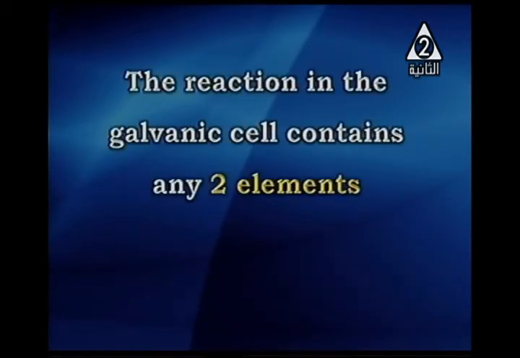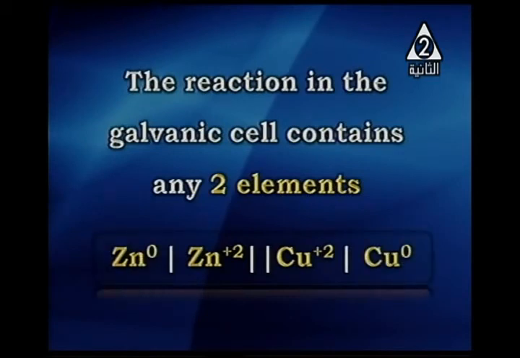After that, we have the reaction in the galvanic cell, which contains any two elements, for example zinc. This is the equation of the cell. I don't need arrows, and I don't need the product or reactant.